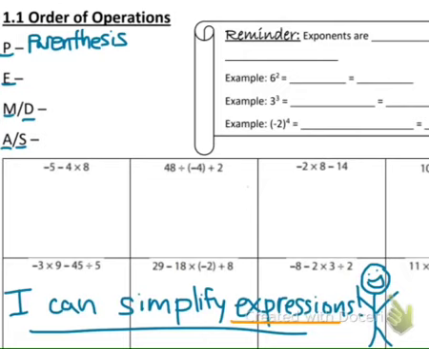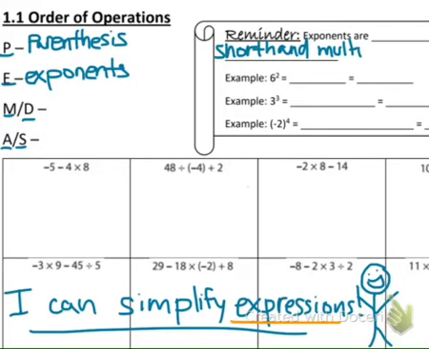P is parentheses, E is exponents. Great thing to write down if you're taking notes. And what exponents are is shorthand, kind of like abbreviated multiplication.